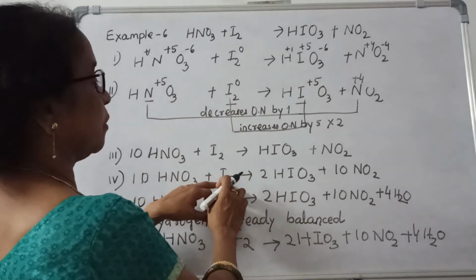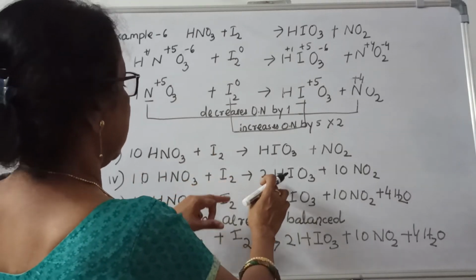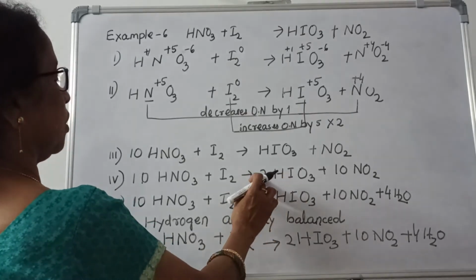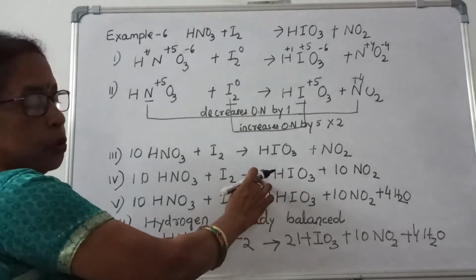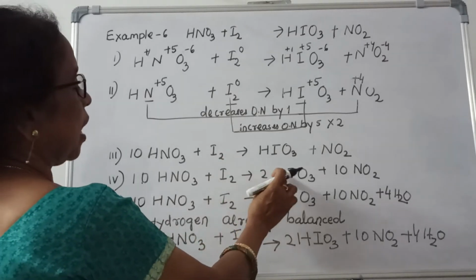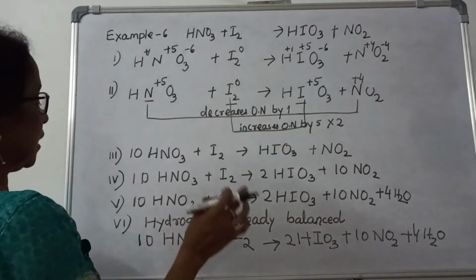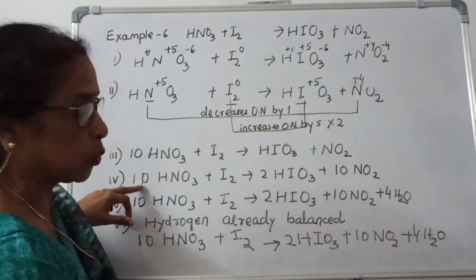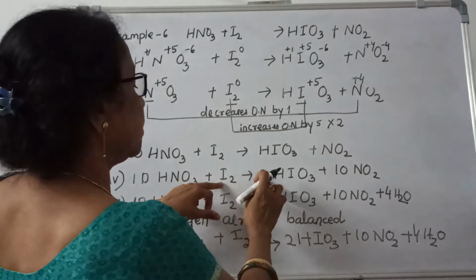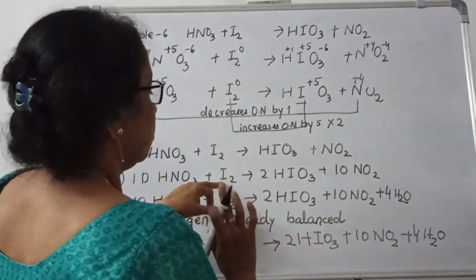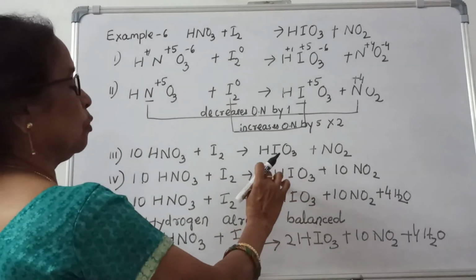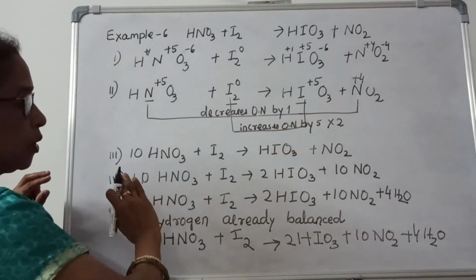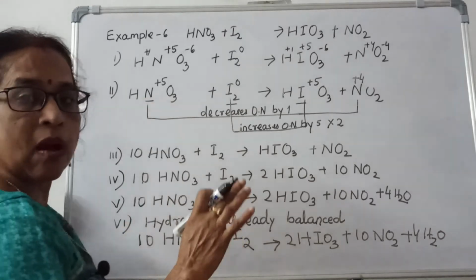I2 has 2 iodines, so I put 2 on the product side, 2 HIO3. Again, 10 N, that is why 10 multiplied by NO2, and 2 I, that is why 2 multiplied by HIO3, 10 NO2 on the product side. Now it is already balanced except oxygen.